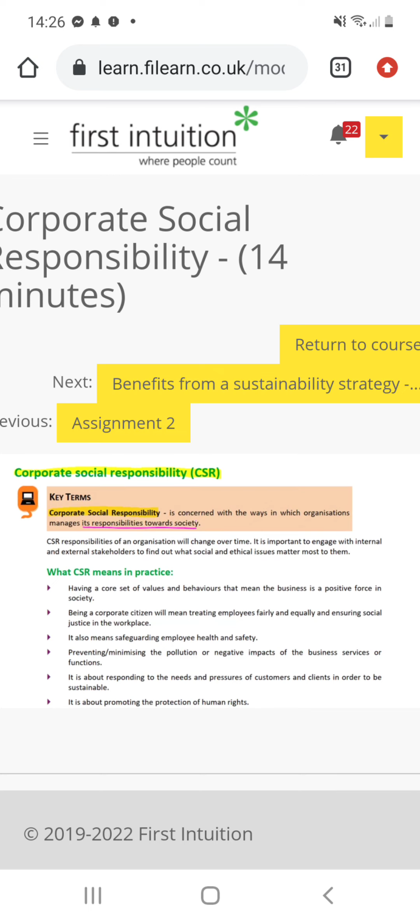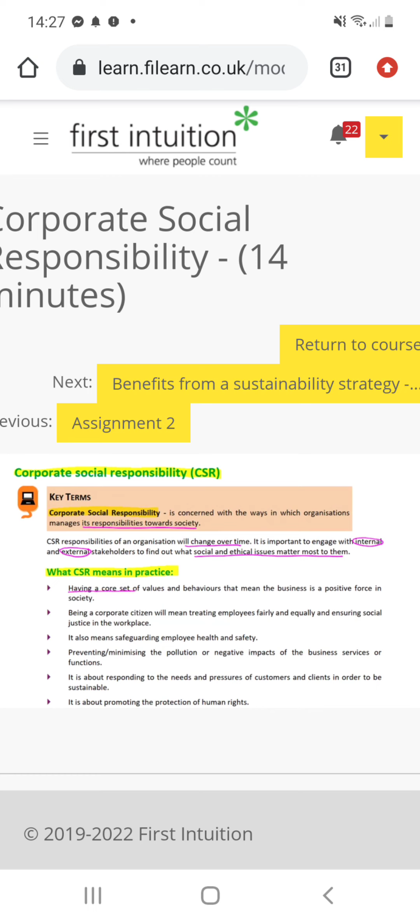The responsibilities of an organisation will actually change over time. It's important to engage with both internal stakeholders and external stakeholders as well to find out what social and ethical issues matter most to them. So let's see what this actually means in practice.